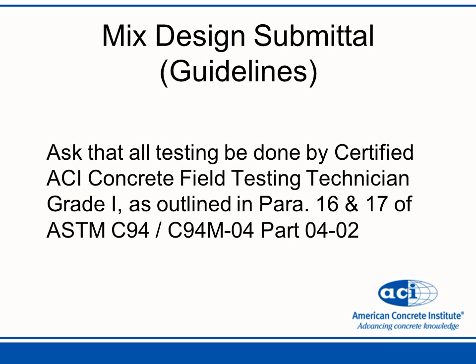The mix design guidelines on the submittal. One thing we had to do is to make sure that all testing was done by certified ACI technicians, as outlined in ASTM C94, because you want to make sure that anybody testing concrete is ACI certified.